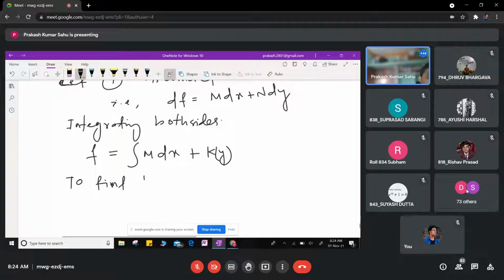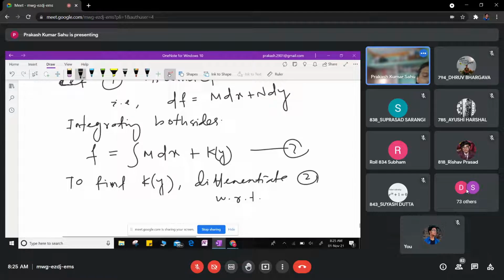To find this function k of y, we differentiate again. Suppose we differentiate equation 2 with respect to y.